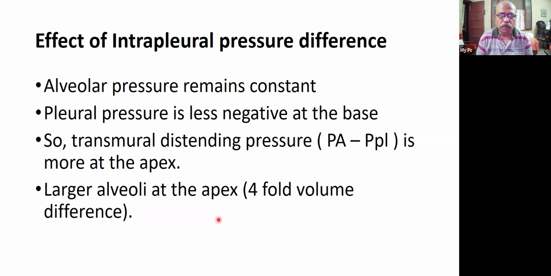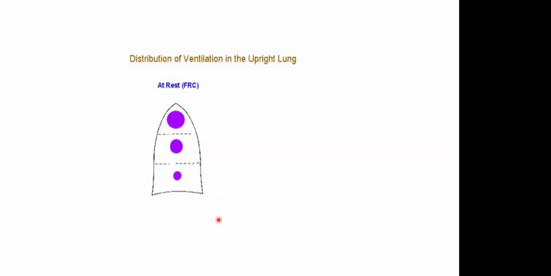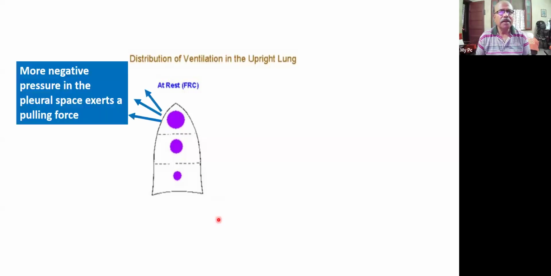And there is a 4-fold volume difference between the large alveoli at the apex and the smaller alveoli at the base of the lungs. So if you see this picture, at rest at FRC, the size of the alveoli in the apical region is much larger and they are smaller in number, while the number of alveoli in the basal regions is much more, plus they are much smaller in size, because of the less negative intrapleural pressure.